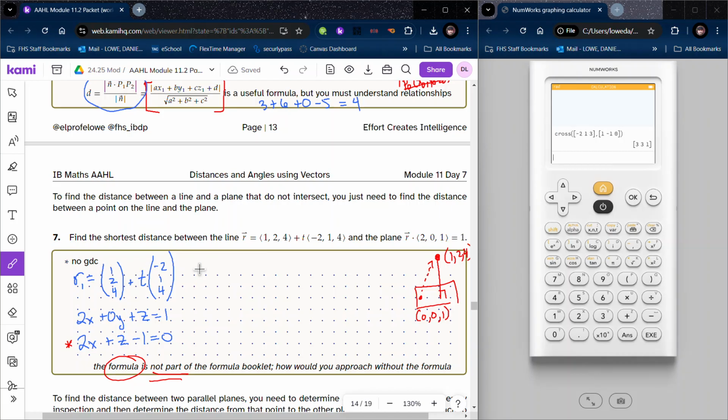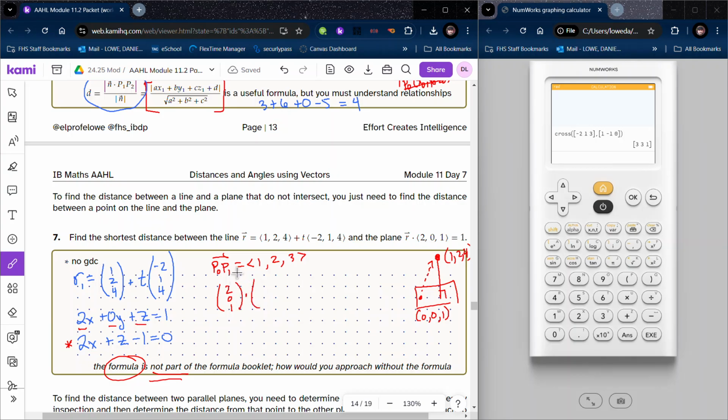And so I can say, to go from P0 to P1, to go from 0 to 1 is a change of 1. To go from 0 to 2 is a change of 2. To go from 1 to 4 is a change of 3. So I need my normal vector for my plane, which is 2, 0, 1.